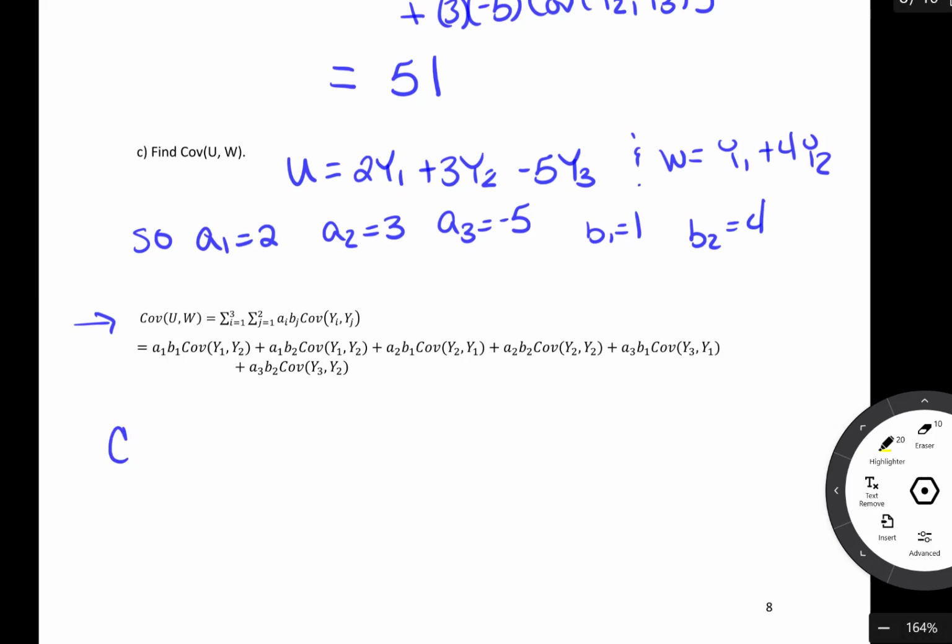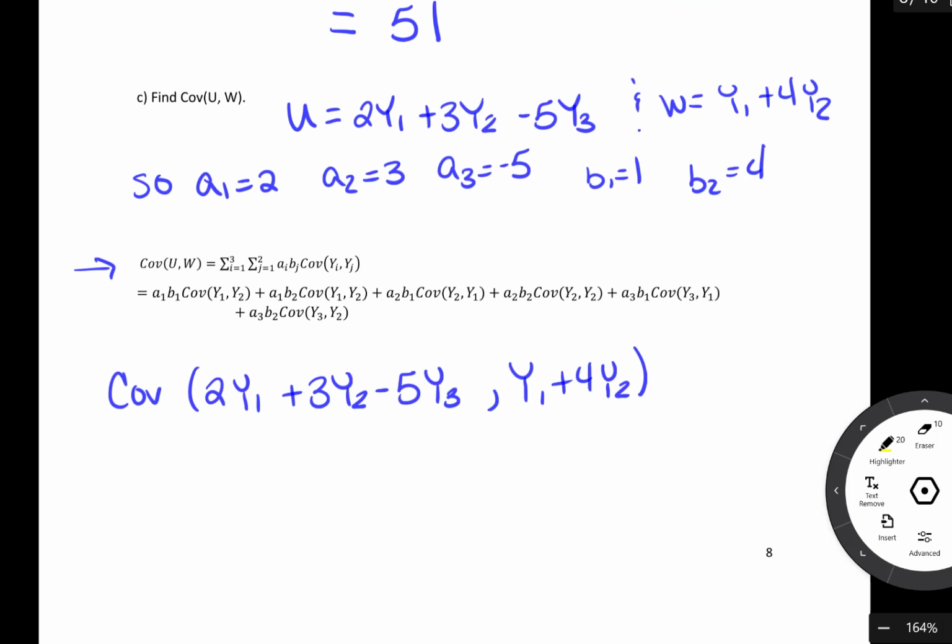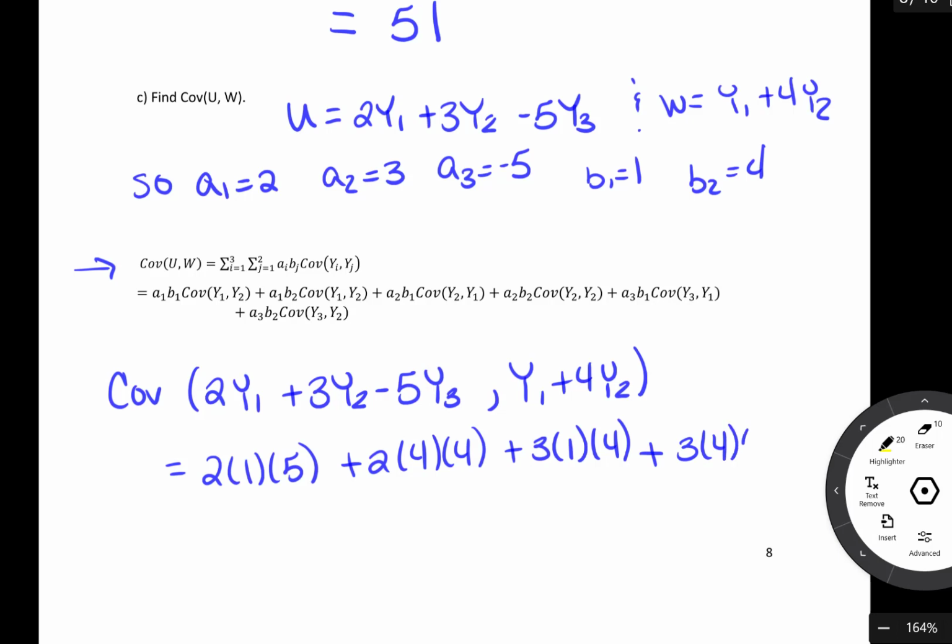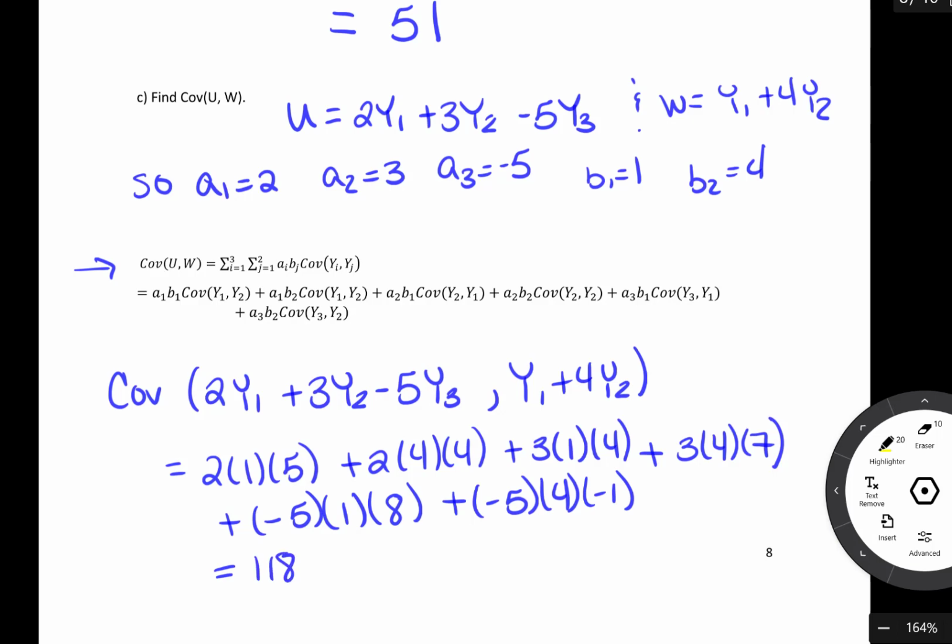And so notice this gives us the following. And this is equal to 118.